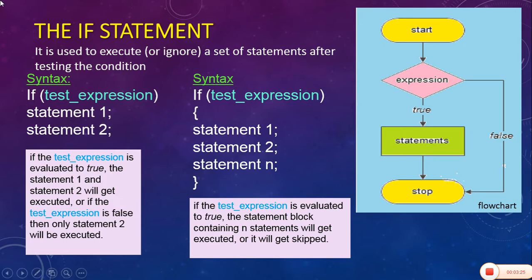So in this syntax, the test expression, or the relational expression or the condition, will be checked, and if the condition is true, it will first execute statement 1, and after that it will execute statement 2. But in the other case, if the relational expression or the test expression or the condition is false, then it will skip statement 1 and execute only statement 2.